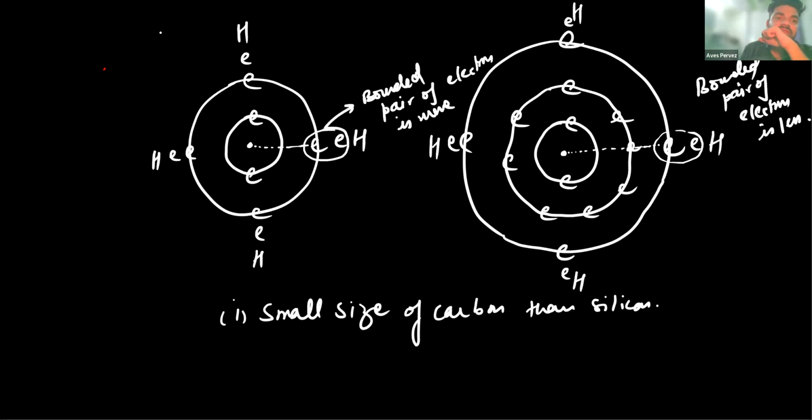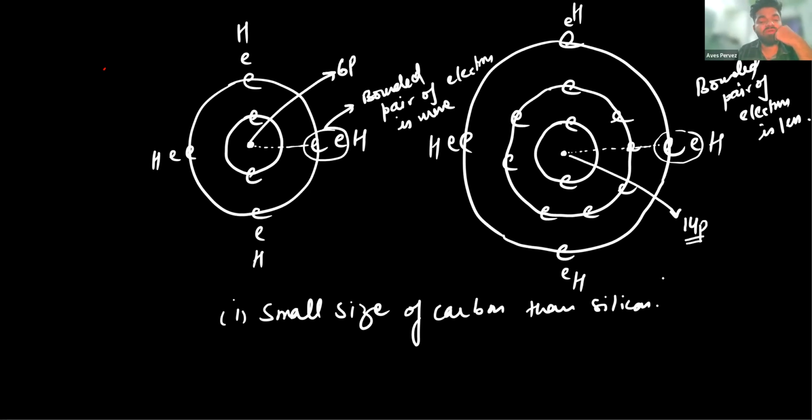Okay. Now it can come to your mind that carbon is smaller in size, and silicon is bigger in size compared to carbon. Now you can see that the number of protons present in the carbon atom is 6, and the number of protons present in the silicon atom is 14.